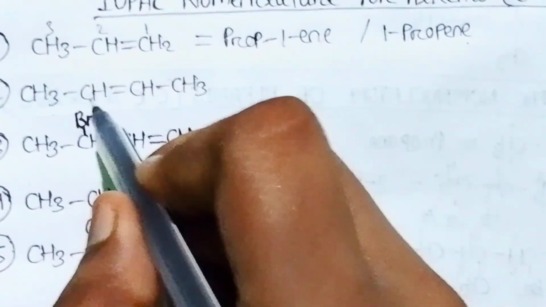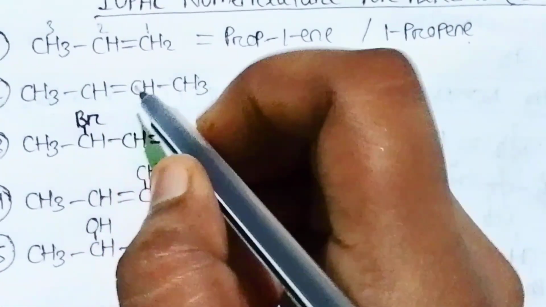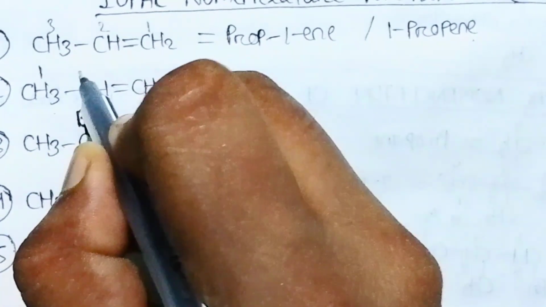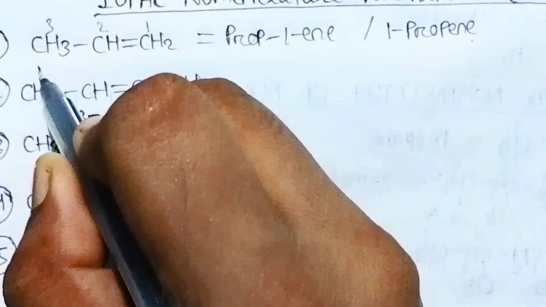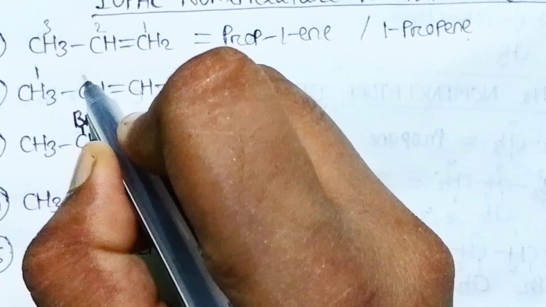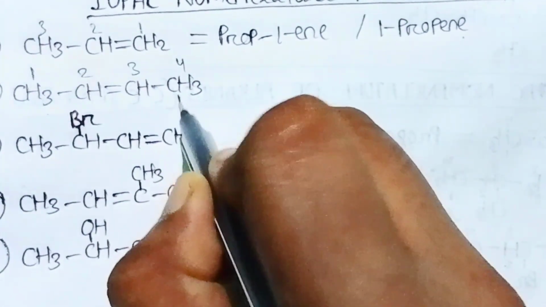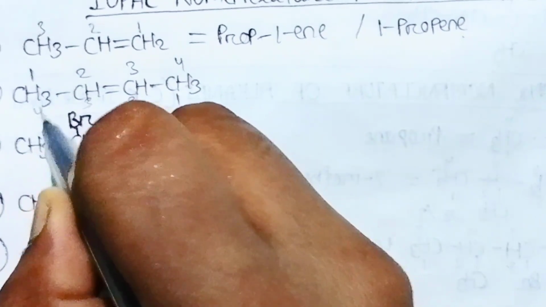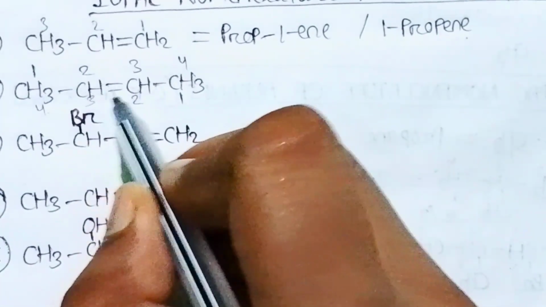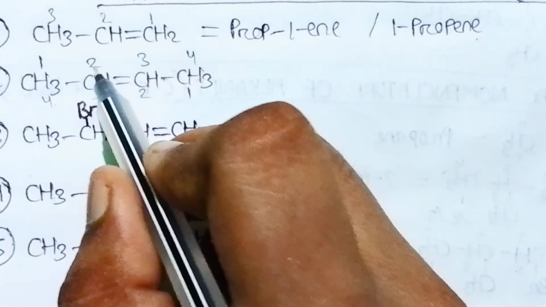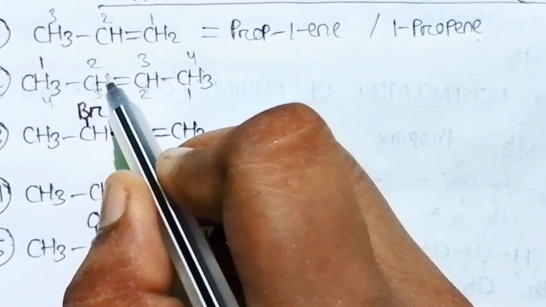Then come to the second question. Here the double bond is present at the second position, so we have to number it as 1 2 3 4, and from the right side as 1 2 3 4. So from both sides we possess the second position, which is the lowest.